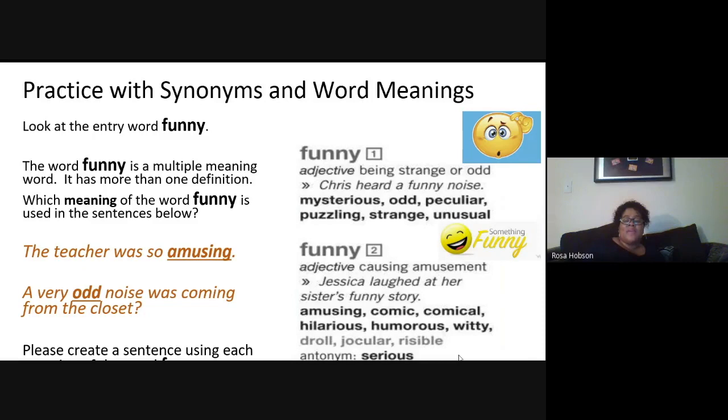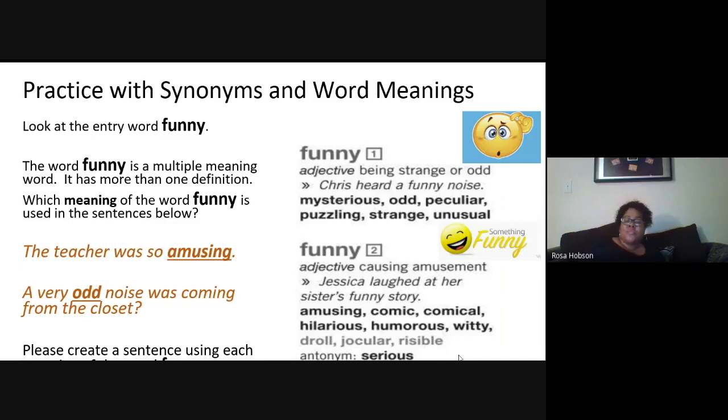All right. But down here, definition number two, funny is an adjective as well, but it means causing amusement. Jessica laughed at her sister's funny story. And then you see these various synonyms, words that mean the same as this funny: amusing, comic, comical, hilarious, humorous, witty. Okay, they mean funny.